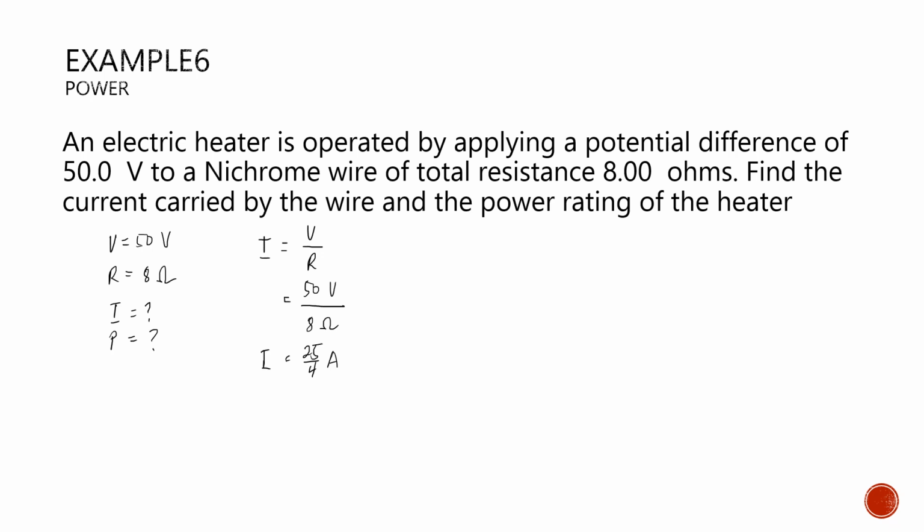And for the power rating, we can multiply the values of I and the potential difference V, or to be safe, what if our value for I is wrong? So let's stick with the given values V and R. So we have the formula for power in terms of V and R: V squared over R. So we're going to plug in the values.